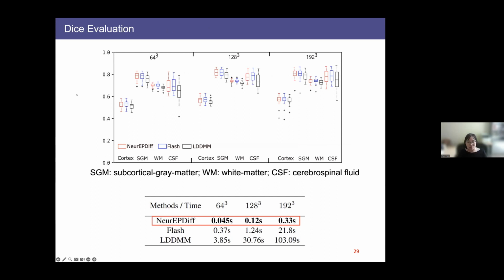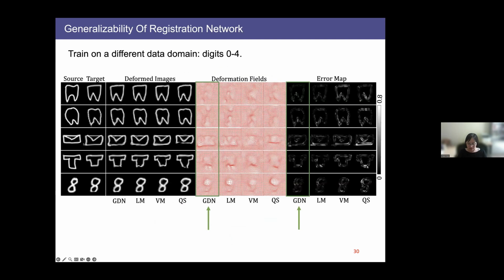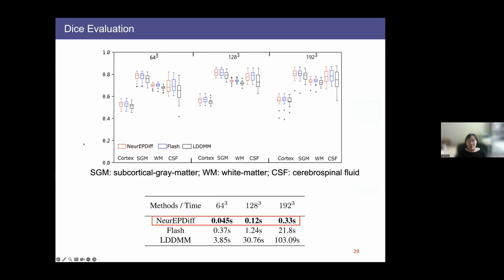For the DICE evaluation, our network performance is close to the state-of-the-art deep networks that do image registration. But we want to highlight that because our network is resolution invariant, we trained in a much lower deformation space, and then we show our time efficiency compared to the other current state-of-the-art methods.